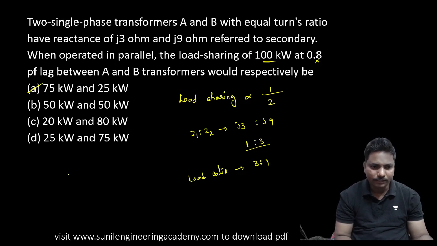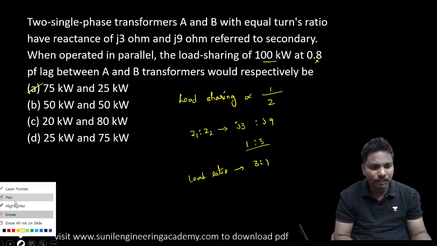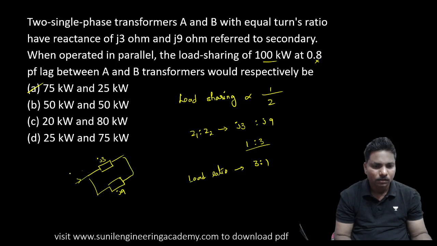Clear? For example, if you have two resistances or two reactances connected, how is the current divided? Inversely proportional to that, no? Example, here one reactance is J3 and one reactance is J9. How is the current divided? Current in J9 is equal to the total current into the opposite by the total.